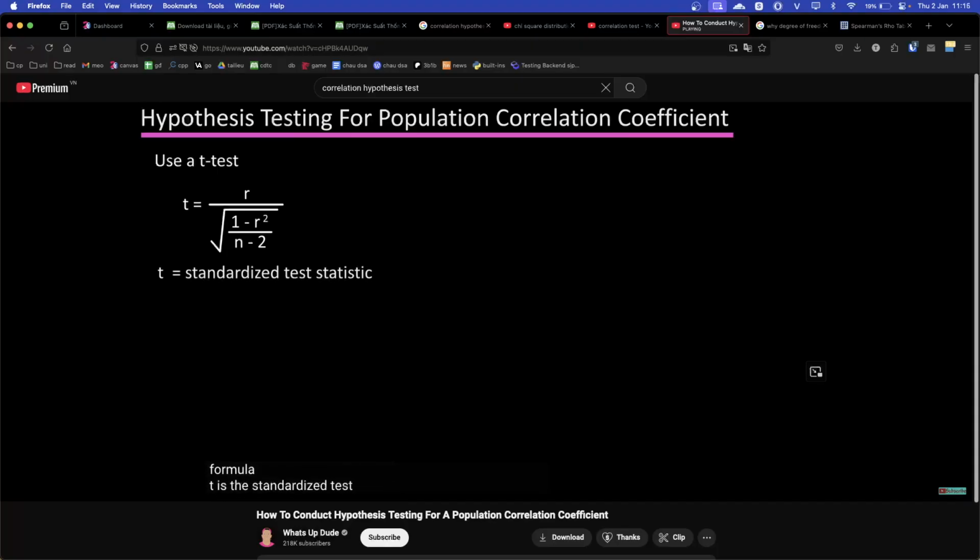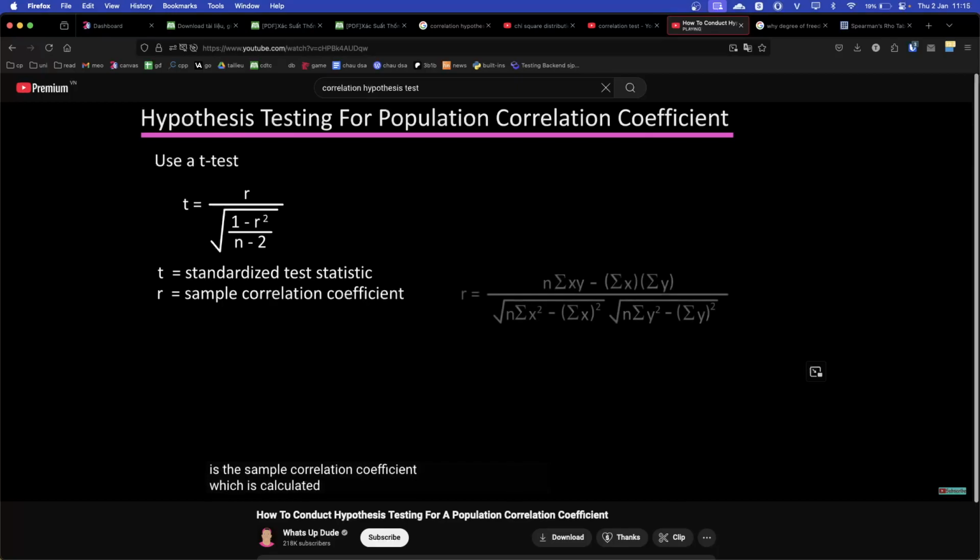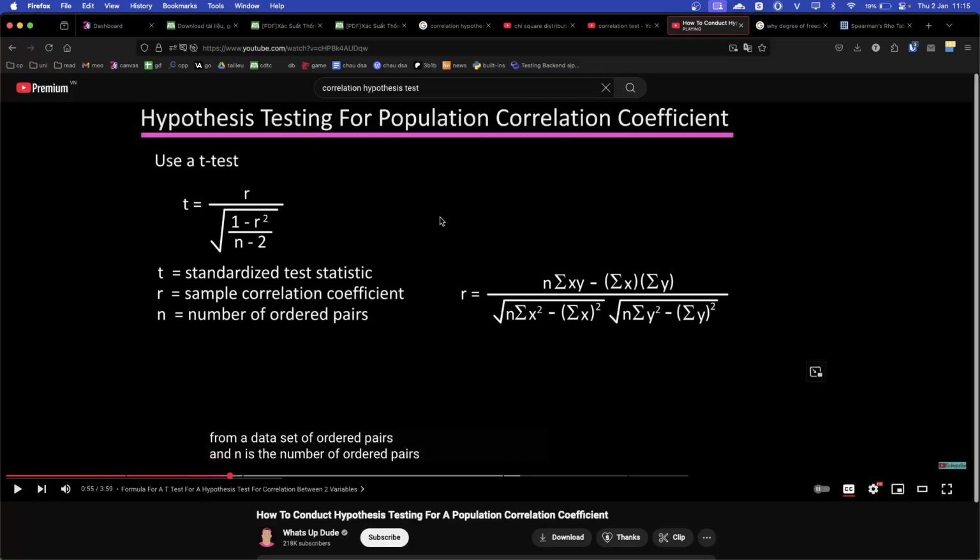In this formula, t is the standardized test statistic, r is the sample correlation coefficient, which is calculated using this formula from a data set of ordered pairs, and n is the number of ordered pairs. And the degrees of freedom is equal to n minus 2.